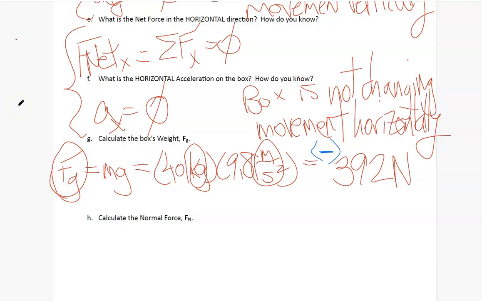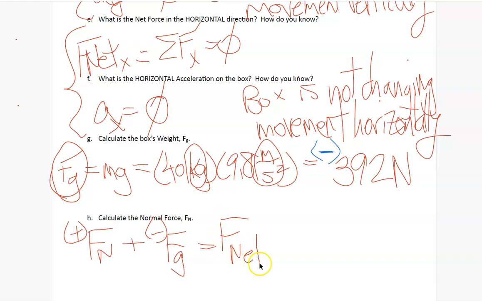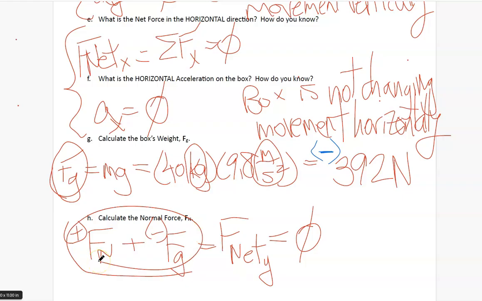Now it says calculate the normal force. Well, the normal force, which is in the positive direction, plus the gravitational force, which is in the negative direction, that equals the net force in the vertical direction. But we know that's equal to 0. Well, if that's equal to 0, then these two equal 0, which means they cancel each other.